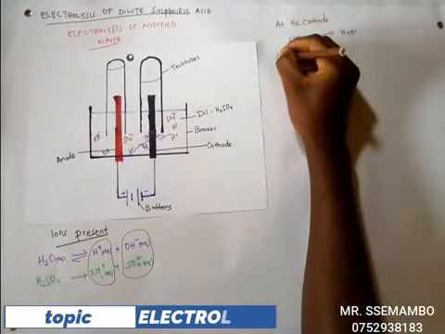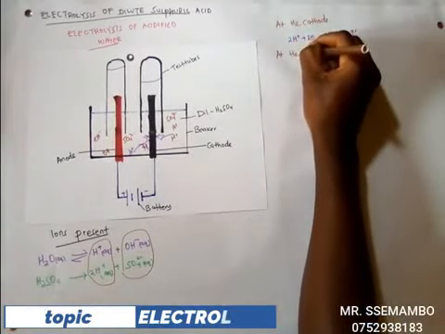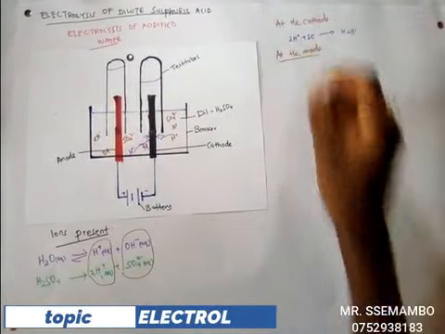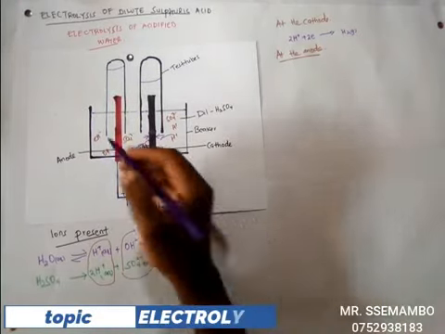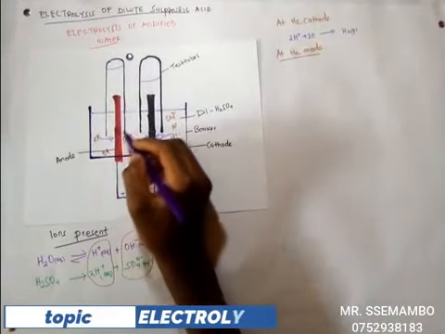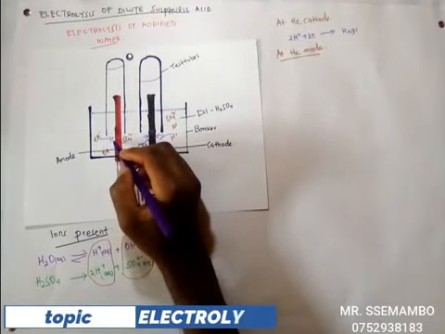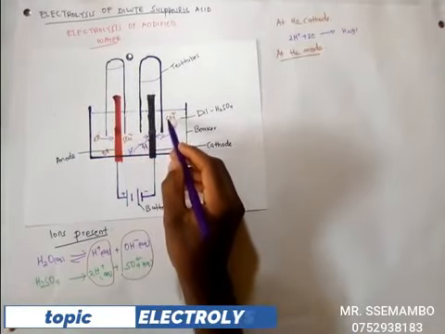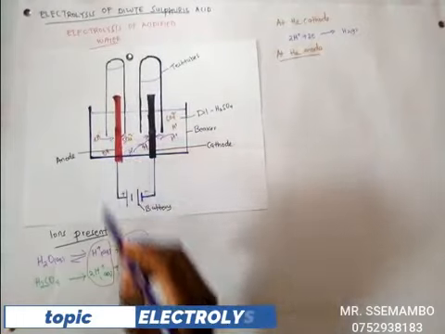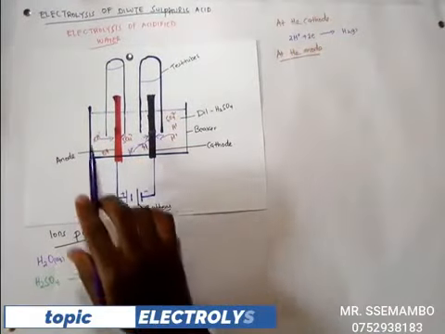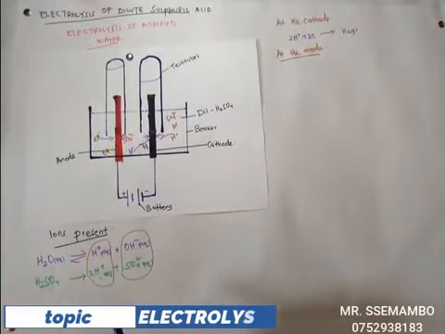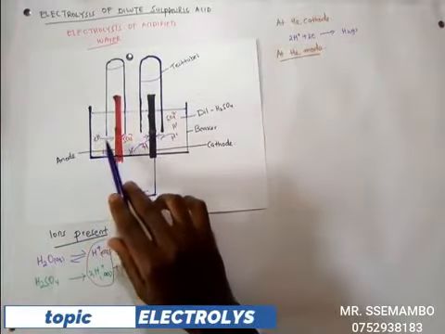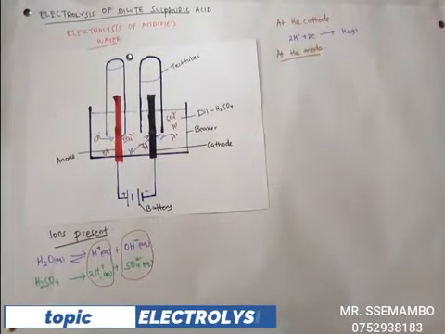At the same time, we can write the reaction at the anode. The hydroxyl ions also migrate to the anode, and even the sulfate ions will migrate to the anode. What happens? Hydroxyl ions will be discharged in preference to the sulfate ions. Why? Because hydroxyl ions are below sulfate ions in the electrochemical series.